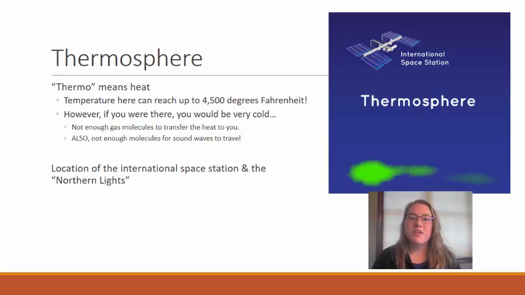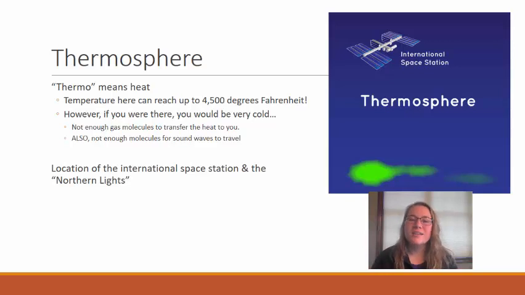Above the mesosphere is the thermosphere, and thermo means heat. This is the location of the northern lights or the aurora borealis. Now, here's the thing. In the thermosphere and beyond, it is actually quite hot. However, if you were out and exposed there, it would feel very cold, even though it's really hot.